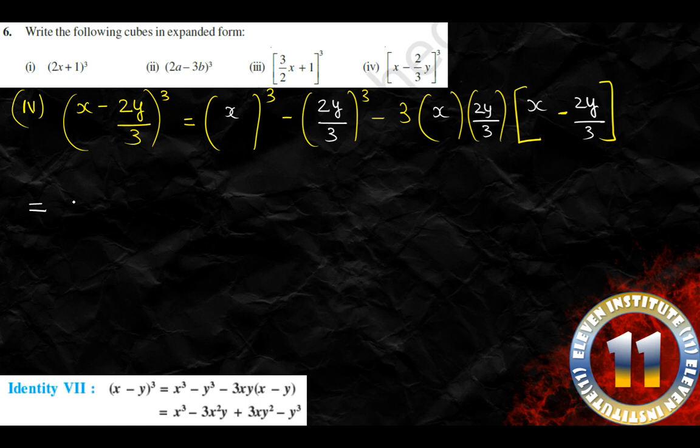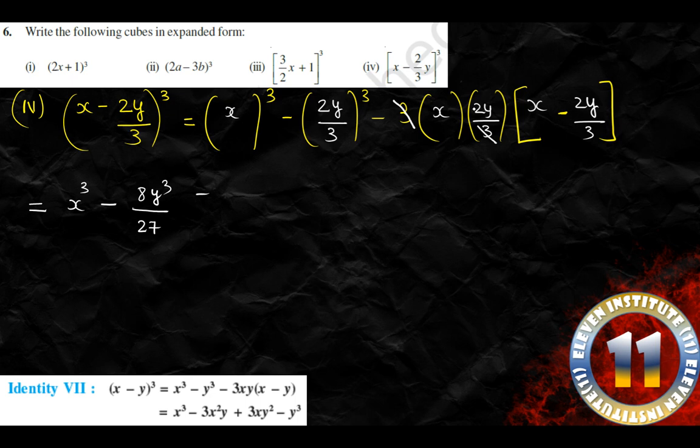So here we have x cube minus 2 cube is 8. So in the numerator we get 8y cube whole divided by 3 cube is 27 minus these 3 is in numerator, these 3 is in denominator, they will cancel each other.